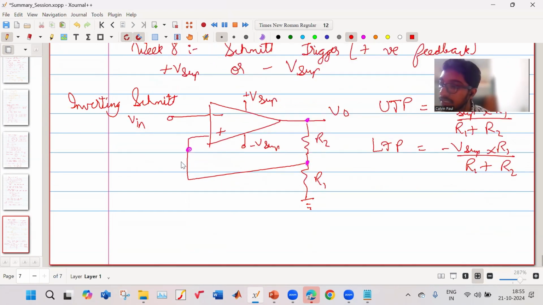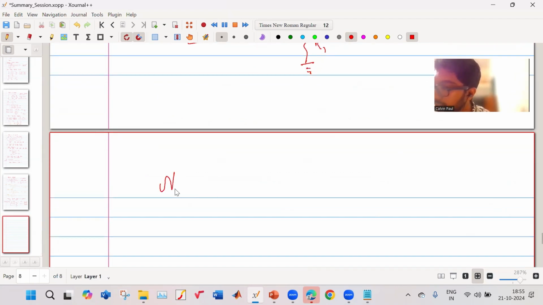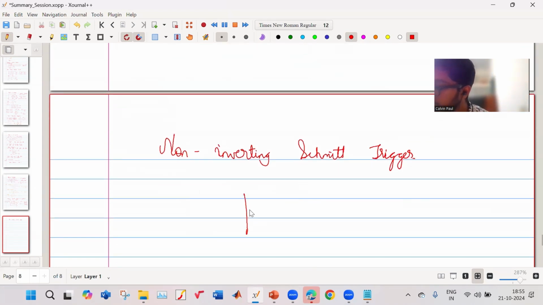There is another circuit which is known as the non-inverting Schmitt trigger. This is your plus V supply. This is your minus V supply.